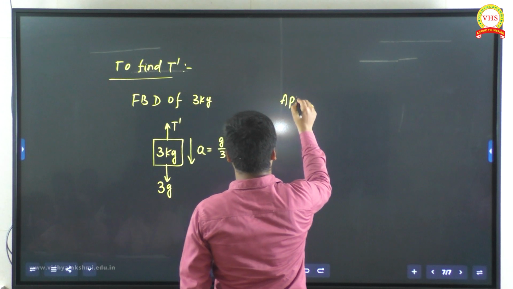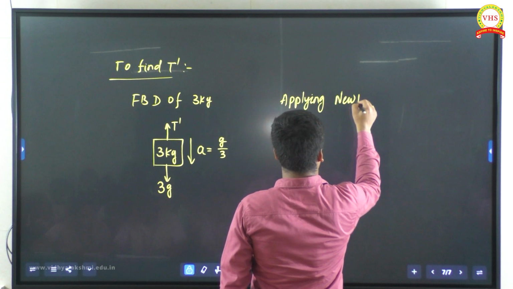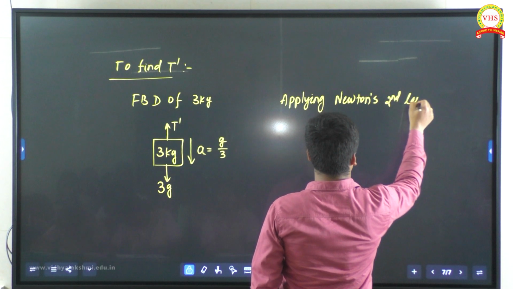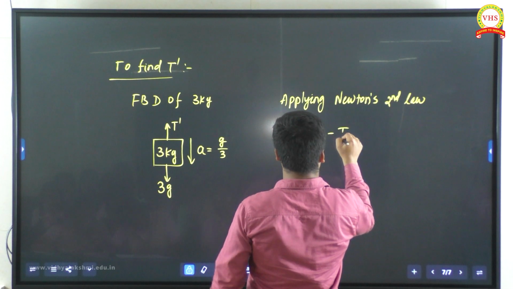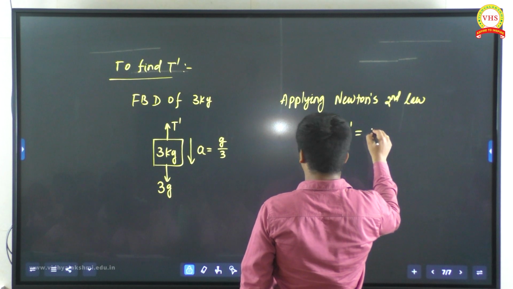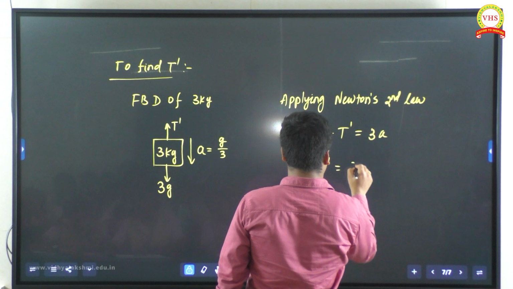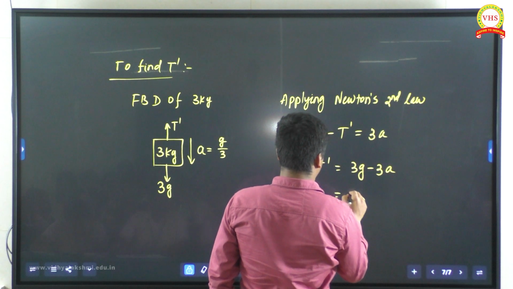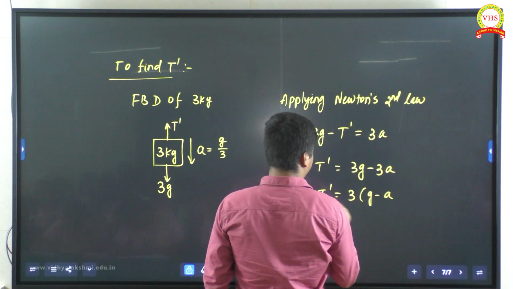Now listen here. Applying Newton's second law. If you apply Newton's second law, what will you get, say everyone? 3G minus T prime equals 3A. Or T prime equals 3G minus 3A. Now take 3 common: T prime is 3 times (G minus A).